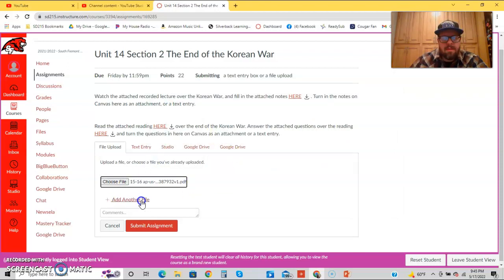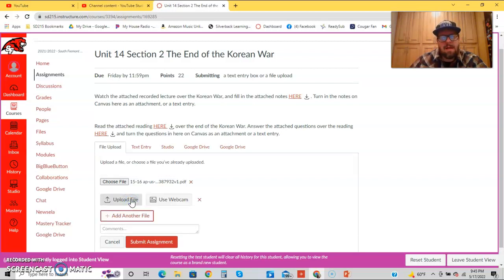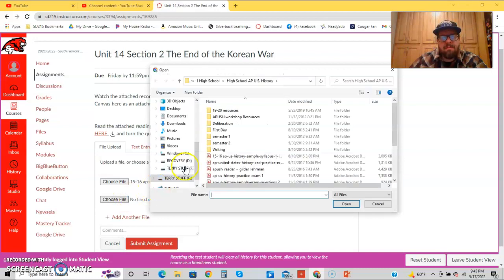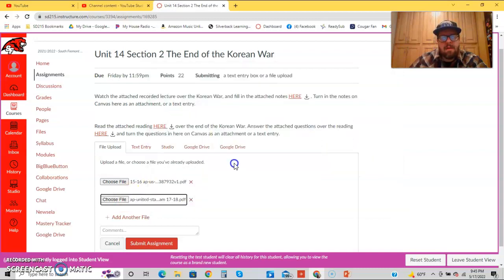And then underneath where you've attached the file, it says Add Another File. You click that, and then once again, hit Upload File, and then choose a file. Then choose another document, and then you would just submit the assignment, and it would put both documents on there.